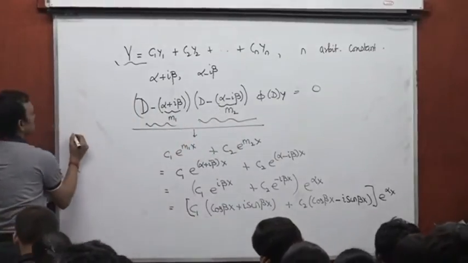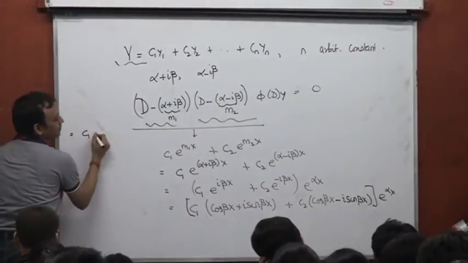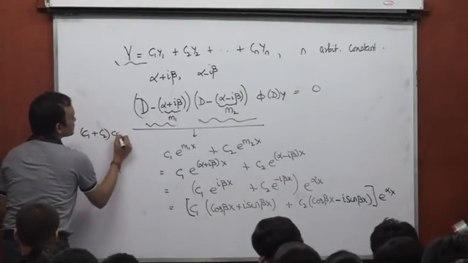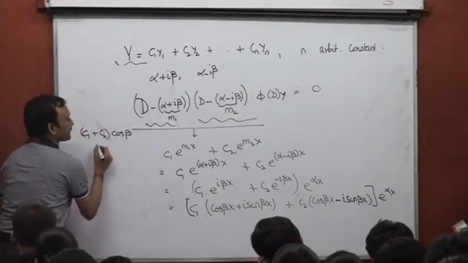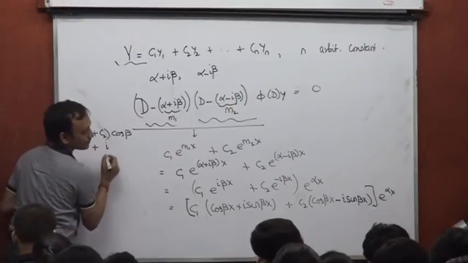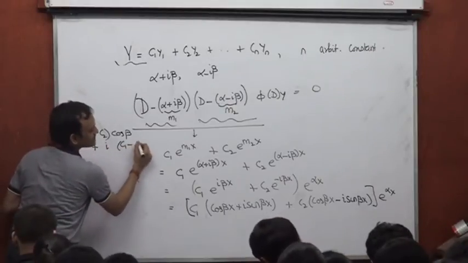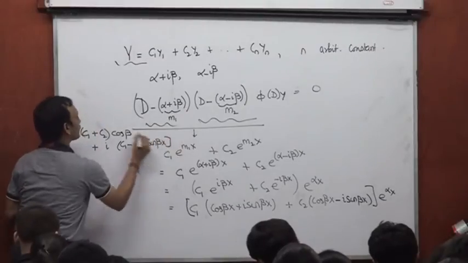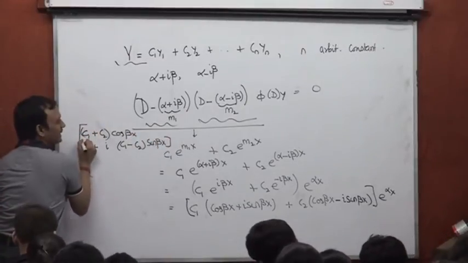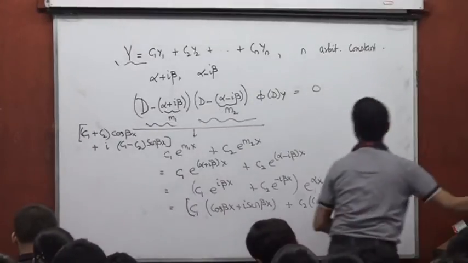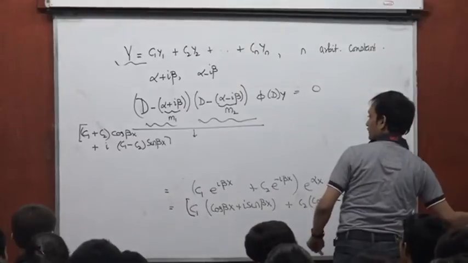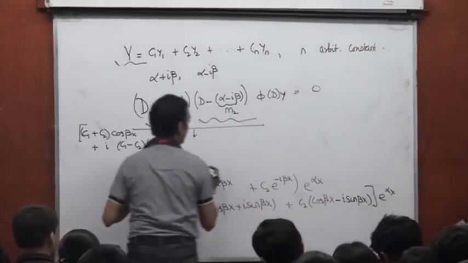This I can write as c1 plus c2 cos beta x plus i into c1 minus c2 sin beta x, into e power alpha x.